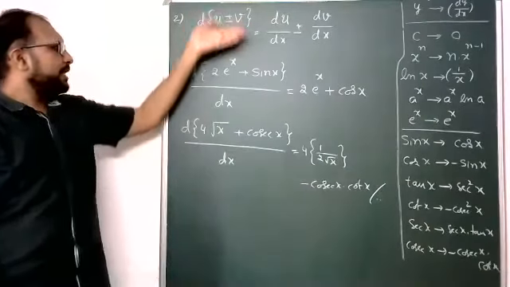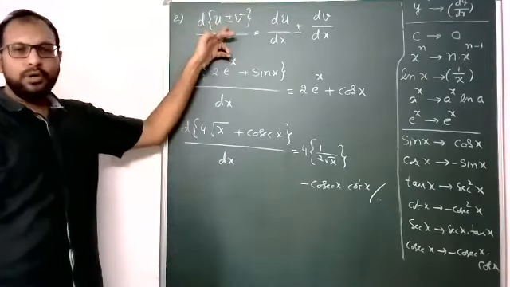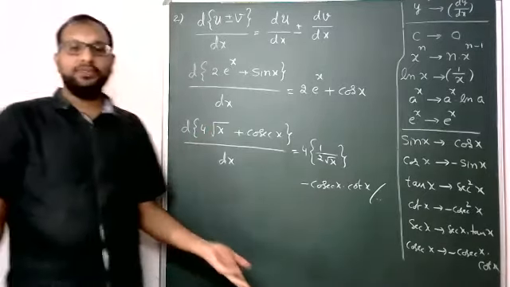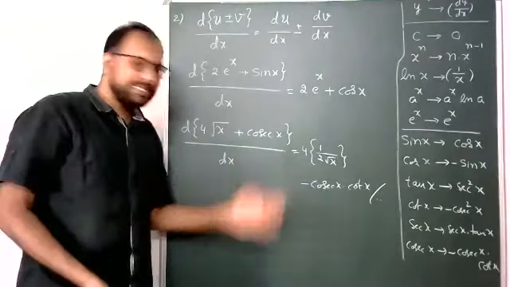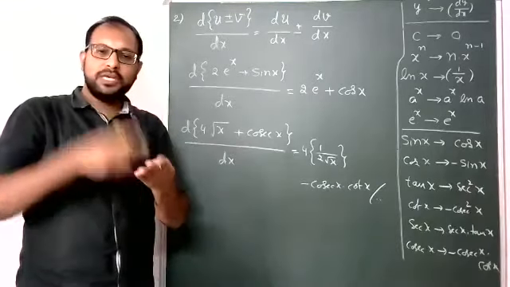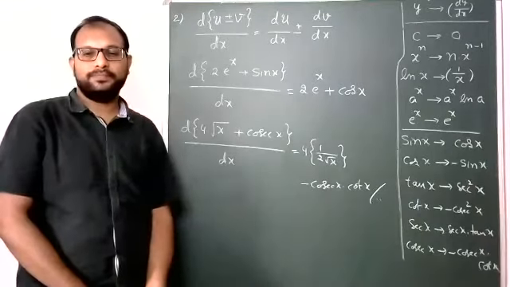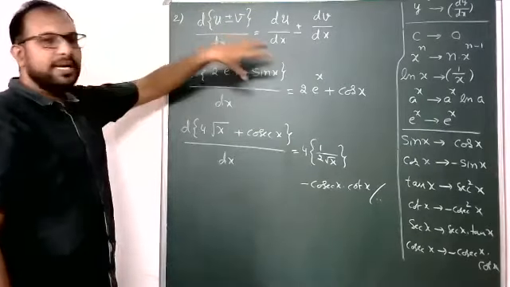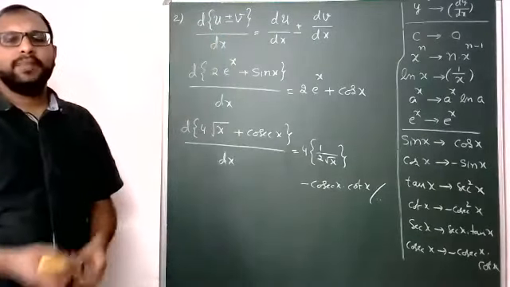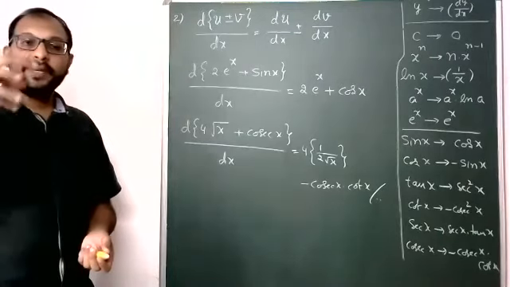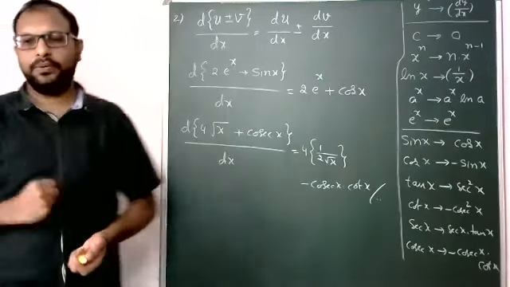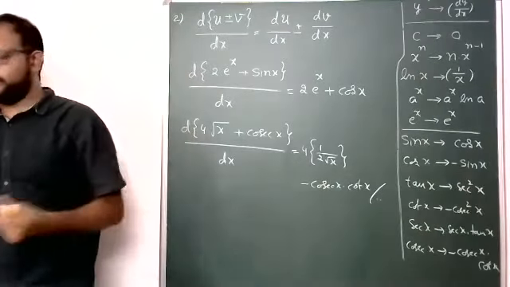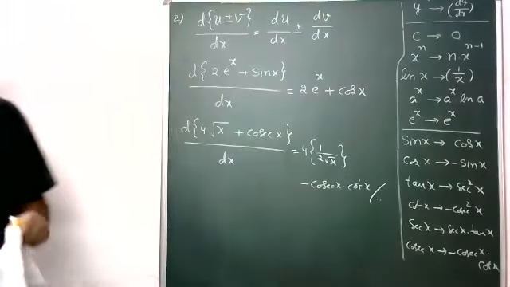So, students, here I am using the second rule, and within it the first rule is also used automatically. That's why in this example we used the first rule and the second rule also. So the second one is also completed. Now coming to the third rule. Two rules are completed.